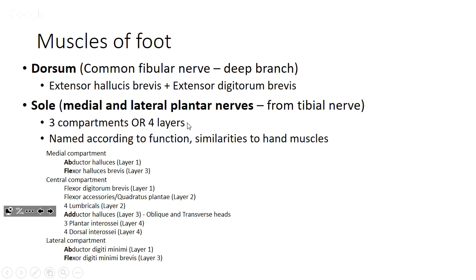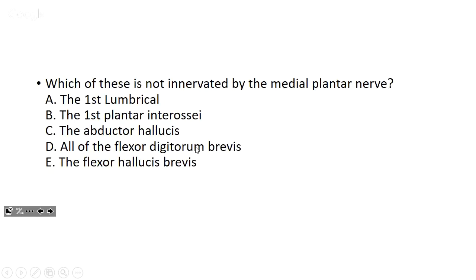Okay, regarding the foot, it's pretty low yield, but I've listed it here for you to study in your own time. This is also a pretty harsh question, but it's basically the first plantar interossei.